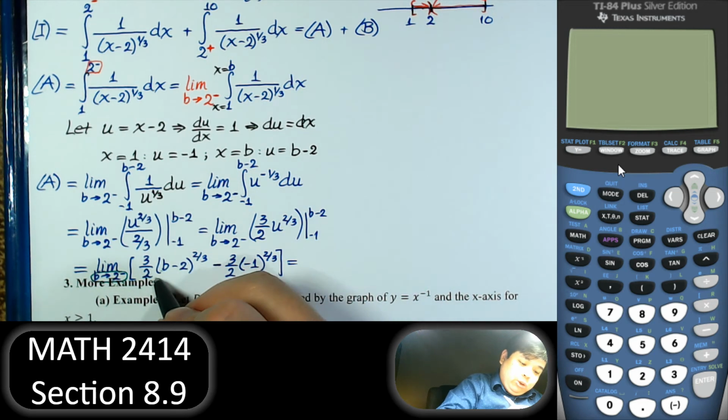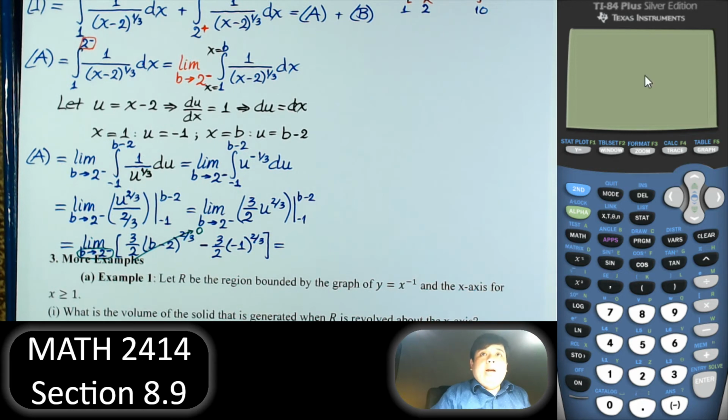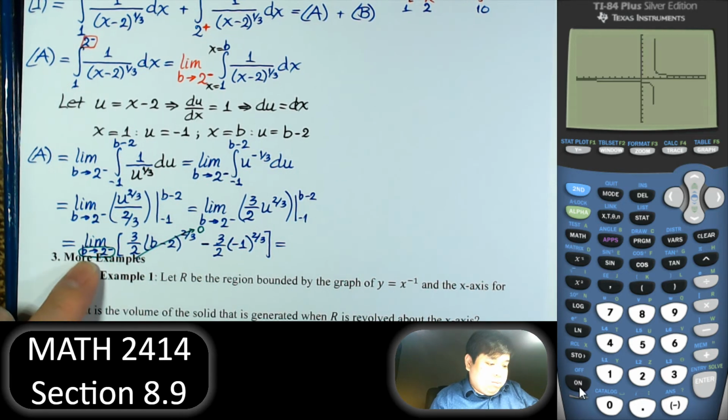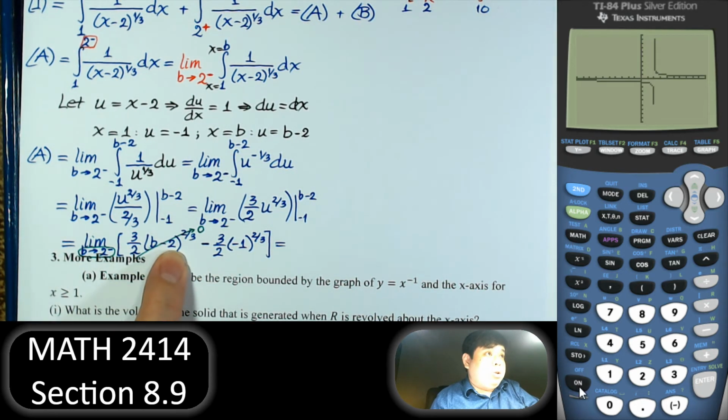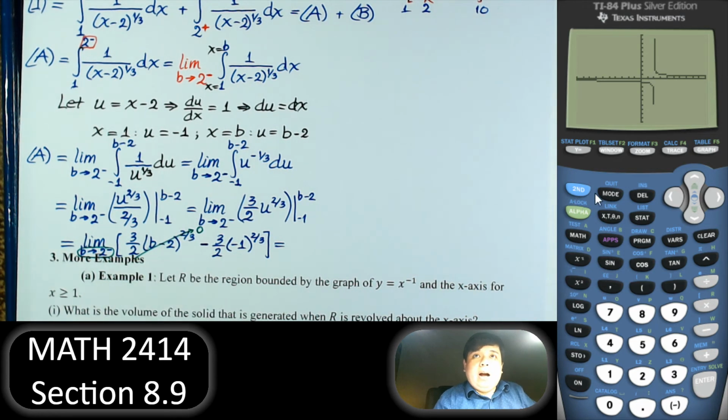So 0 to the 2/3 goes to 0. Because b goes to 2, 2 minus 2 is 0, and 0 to any power is still 0, except for 0 to the 0 power. But anyway, that one goes to 0. What is negative 1 to the 2/3? It's positive 1.